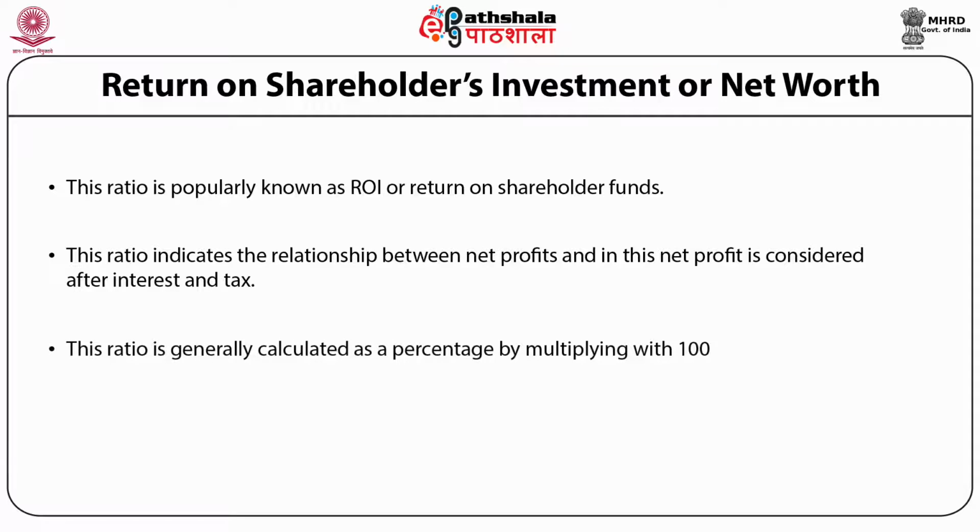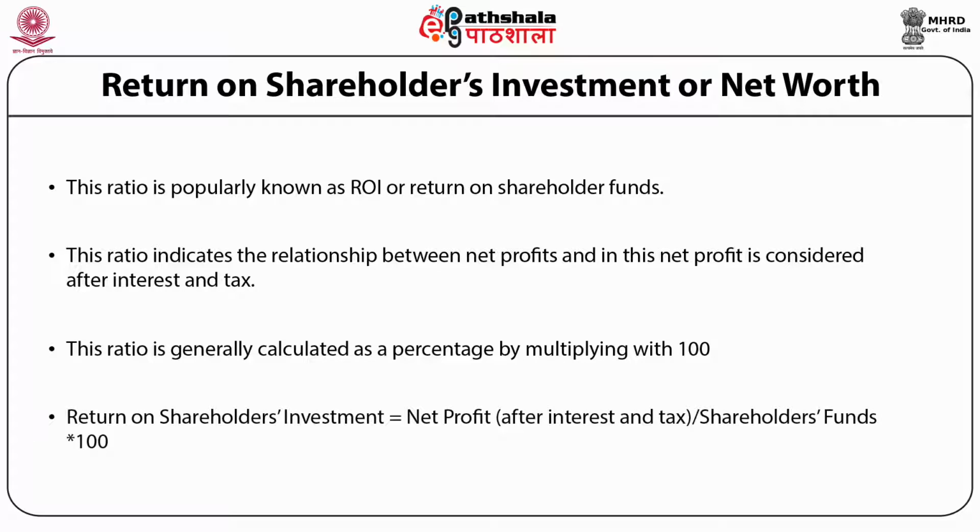This ratio is generally calculated as a percentage by multiplying with 100. Return on shareholders' investment is calculated by dividing net profit after interest and tax by shareholders' fund multiplied by 100.